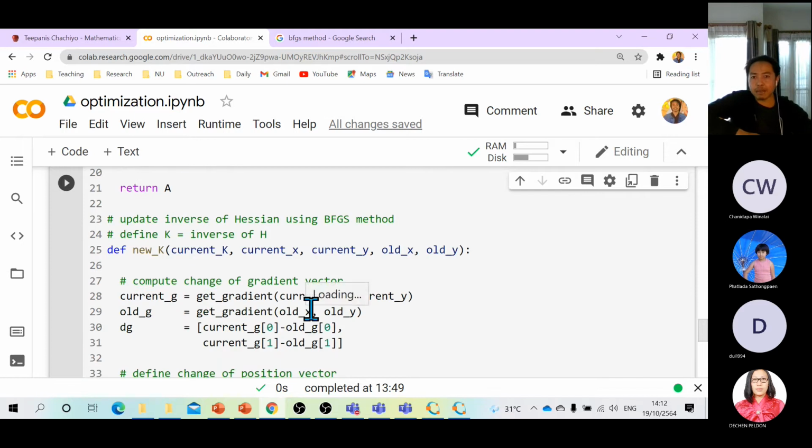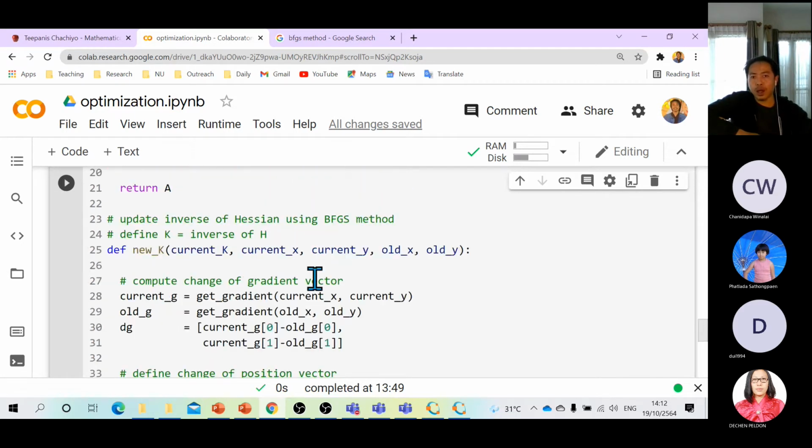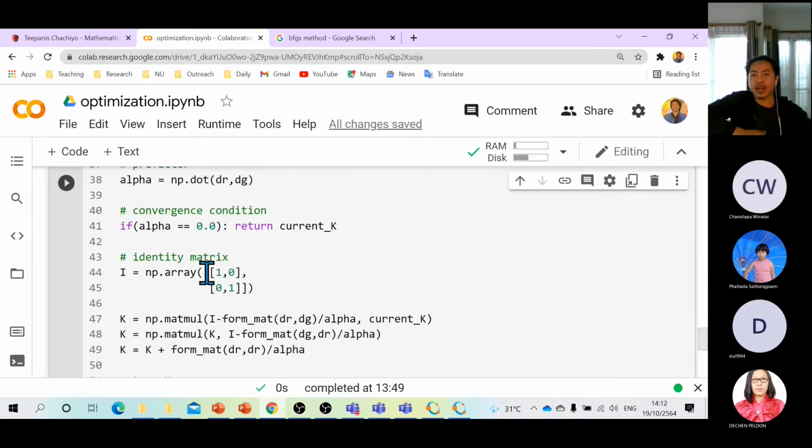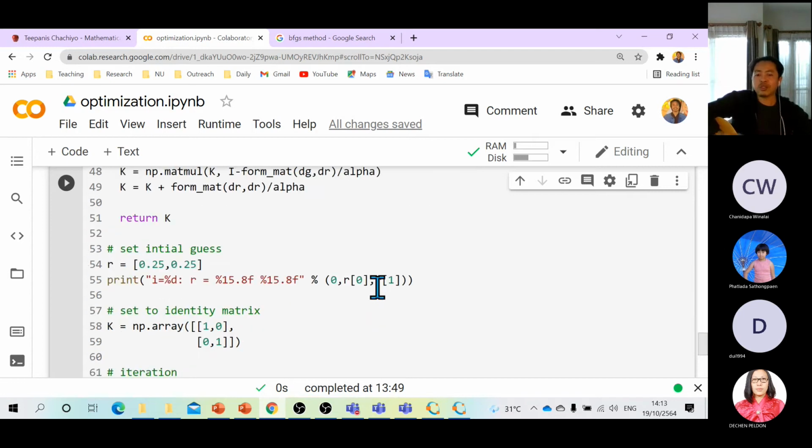Now, in the BFGS method, I need to know all the gradient and the values, and I update it. I will leave it to the wonderful student to investigate further with this code, because now you are a senior researcher. You are capable of researching something on your own.